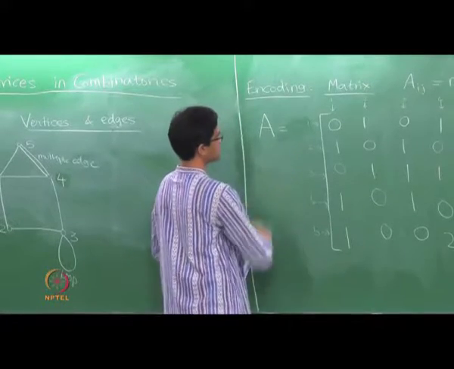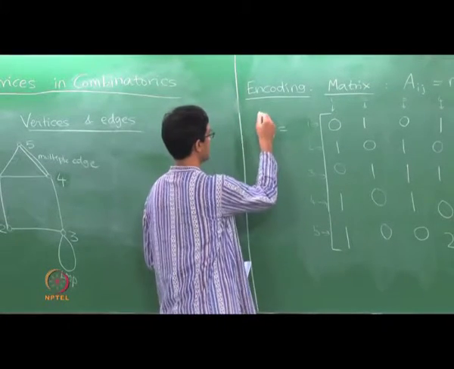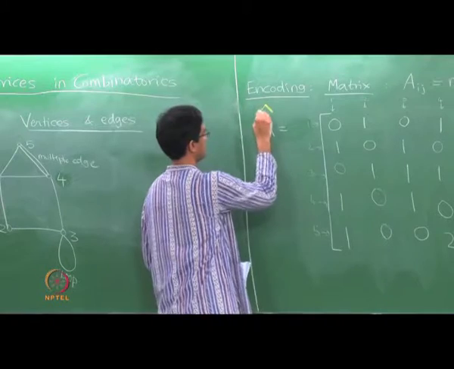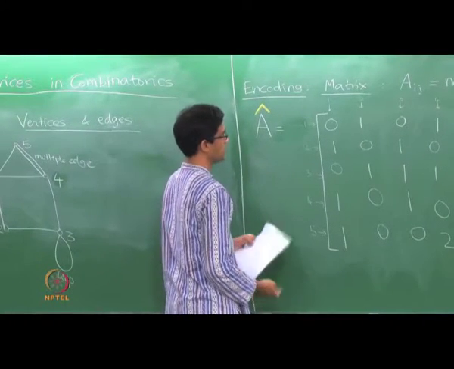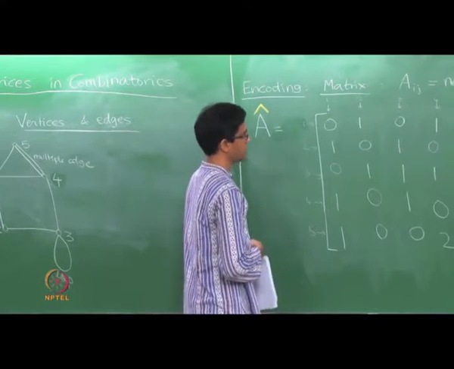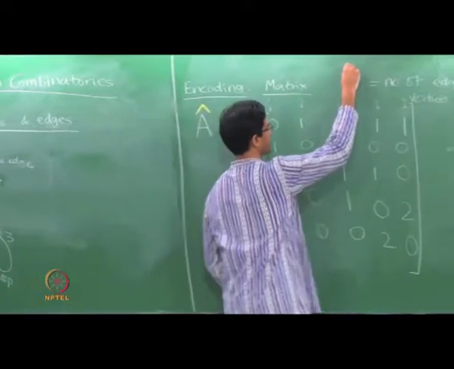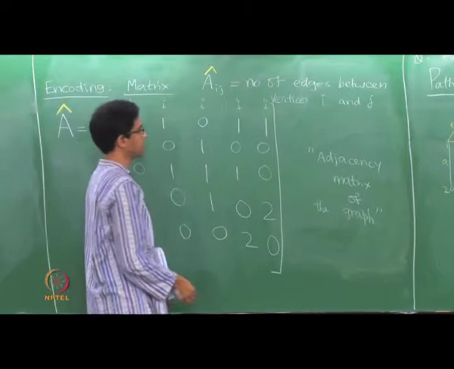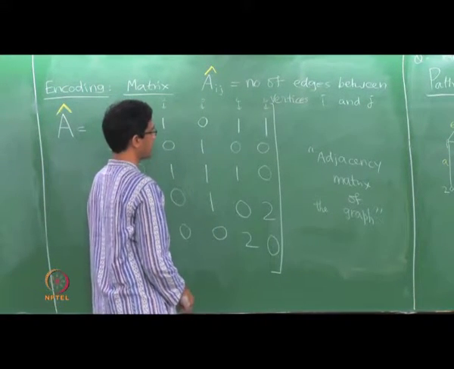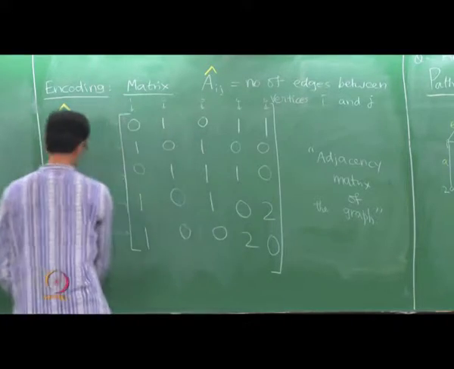So let me call this new matrix A hat, the labeled adjacency matrix, if you wish. So the adjacency matrix with labels. So what is this going to be now? This A hat ij is not just going to count the total number of edges between the vertices i and j, but it will sum up the edge labels.